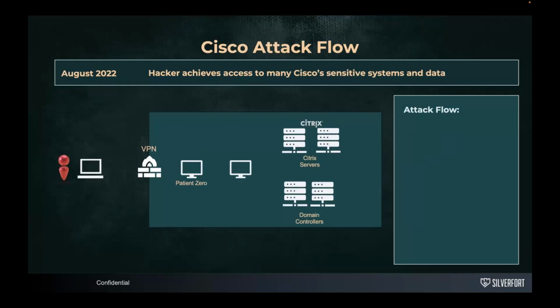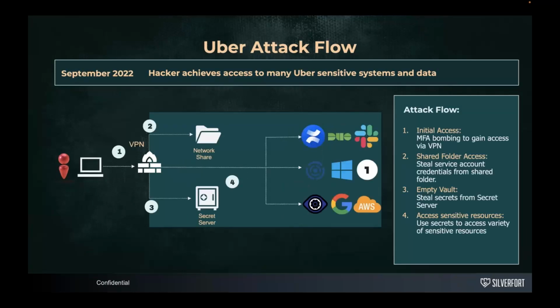Now, I'll just give you one example, which is a true-life example. There's the one that I showed before, but this one has reached the headlines. What happened in the Uber attack flow was that the attacker gained initial access with MFA bombing, and then accessed a network share.